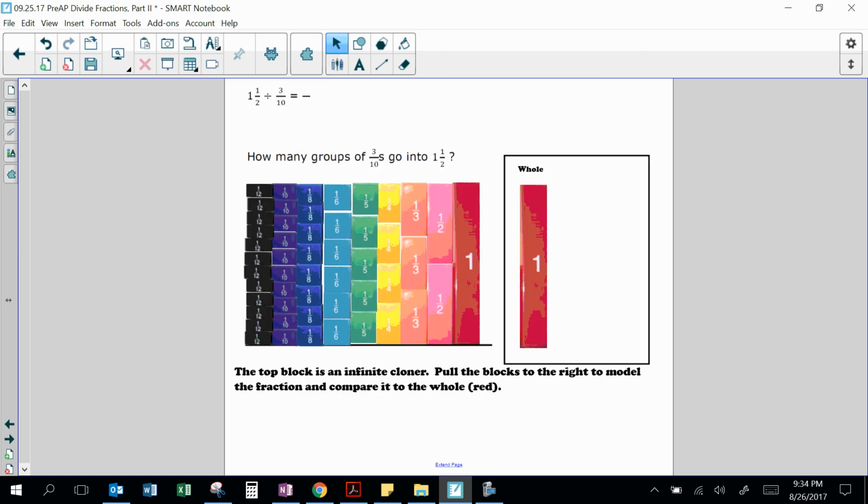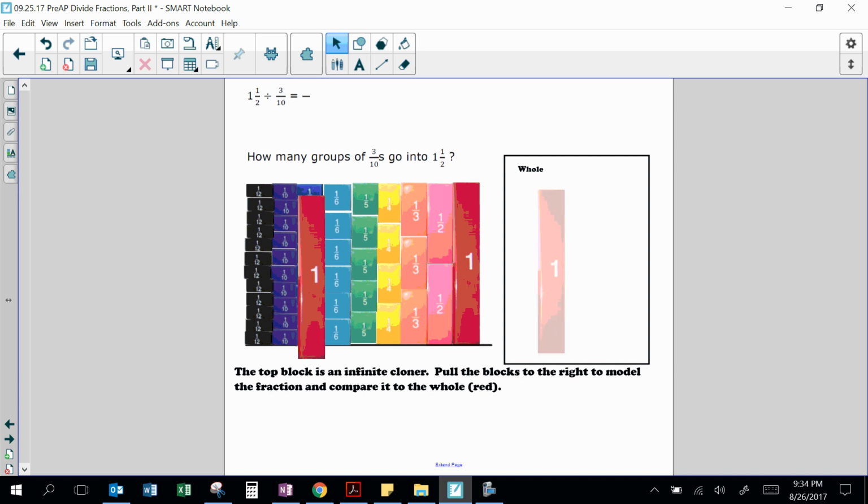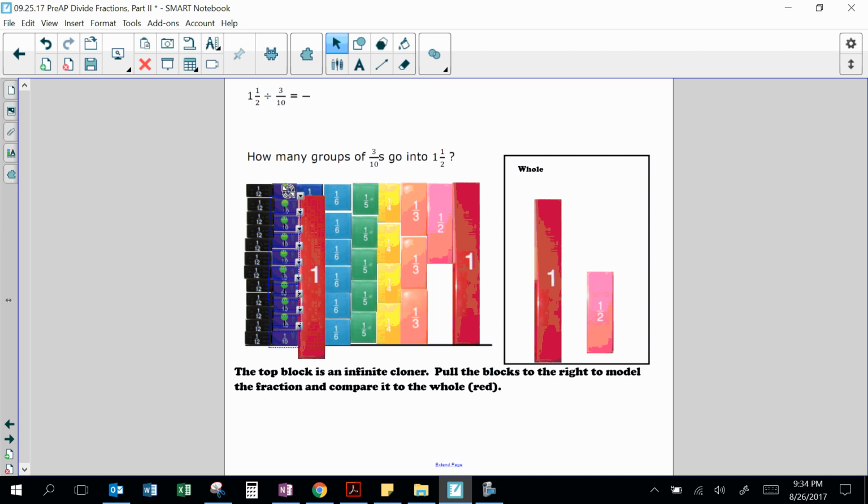So I need 1 1/2 cheesecakes. But I want to know how many tenths go in it. So I'm going to exchange. You know what?